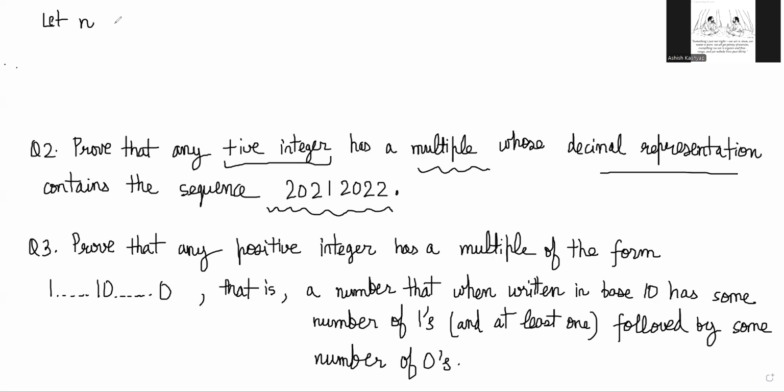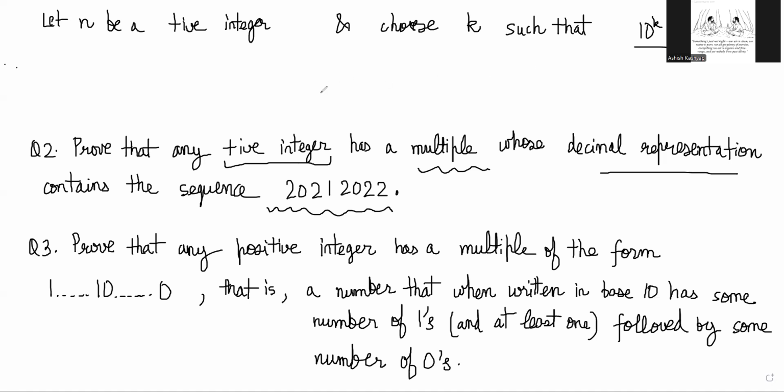Basically, you can say let n be a positive integer and we choose k such that 10 power k is greater than n. Basically, you are choosing a k value such that 10 power k is bigger than n.